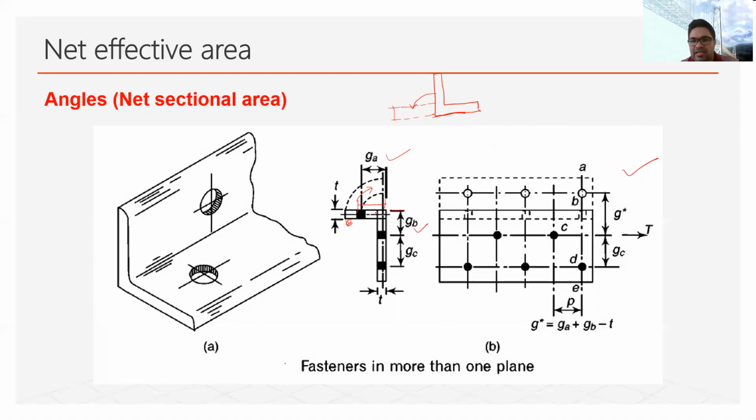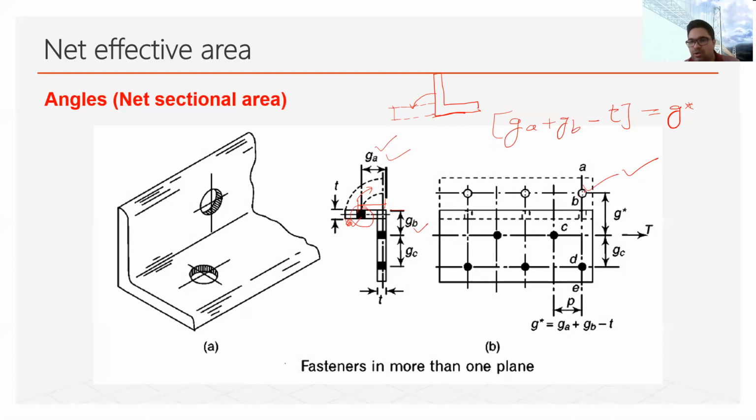Now GA includes the thickness of this angle, and GB includes the thickness of this leg. So in the case of GA and GB, we deduct one thickness. This is how we find out G star. So G star is what? Once we spread it, you can see this will be projected in the plane like this.